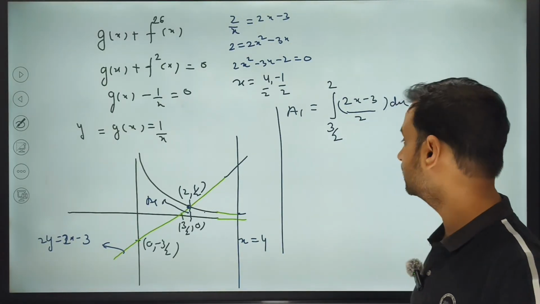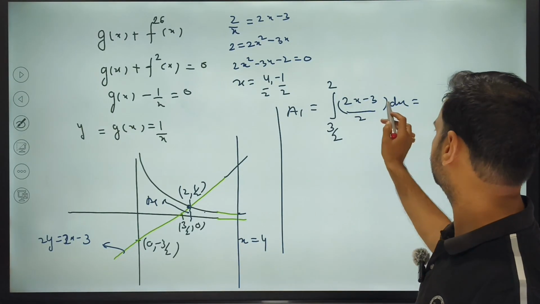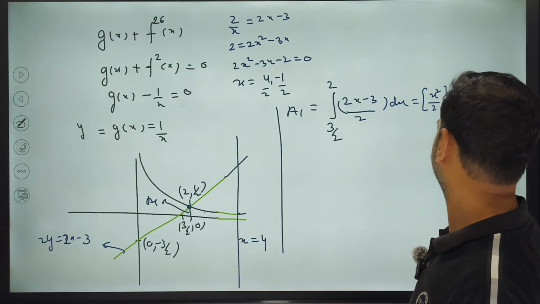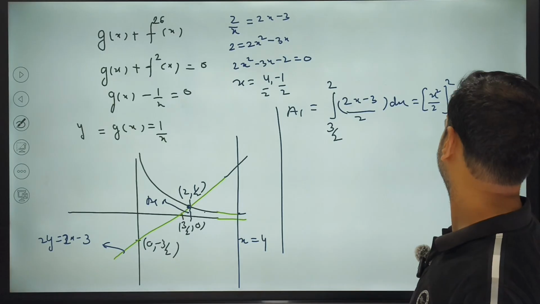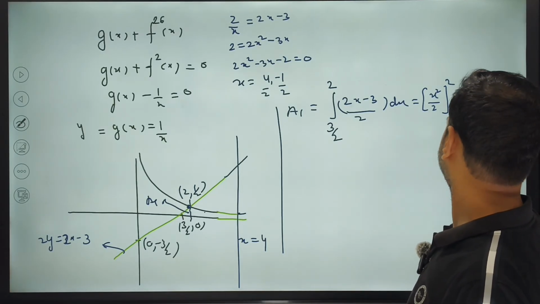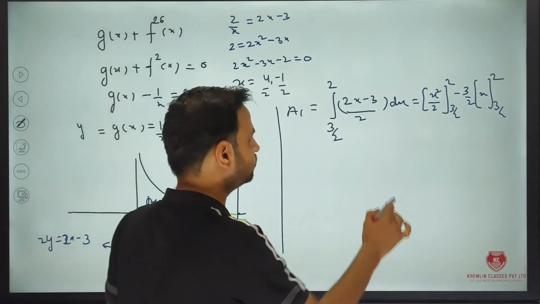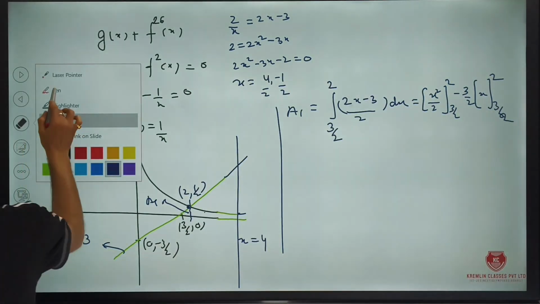This is the first area. So we can solve it: x square by 2, the 2 cancels, minus 3 by 2 x, from 3 by 2 to 2.